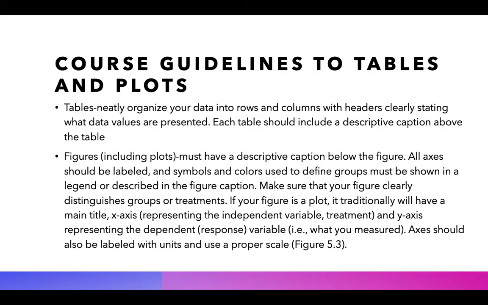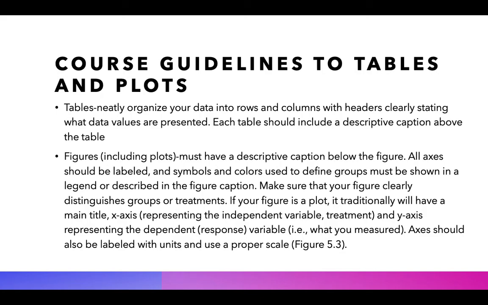So here are the basic course guidelines for tables and plots. I'm just going to read it straight because I don't want to give y'all the wrong idea or say something wrong. Tables neatly organize your data into rows and columns, and you need to have headers that clearly state what the data values are that you're presenting. And each table should include a descriptive caption above the table.